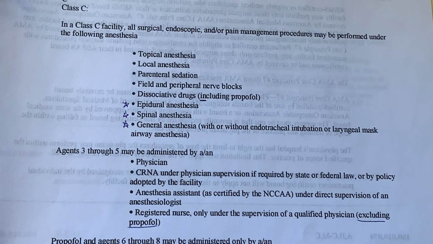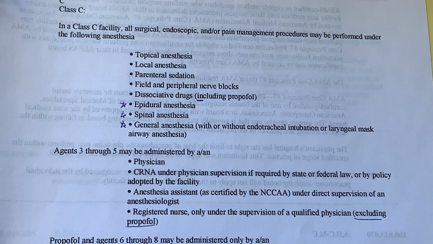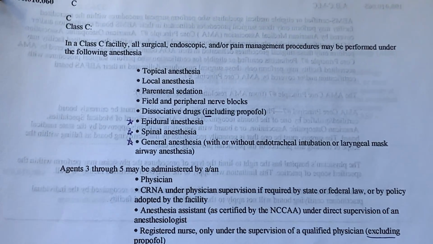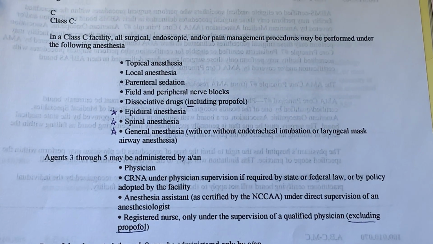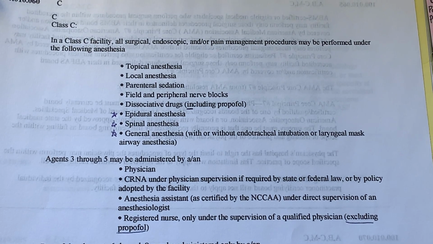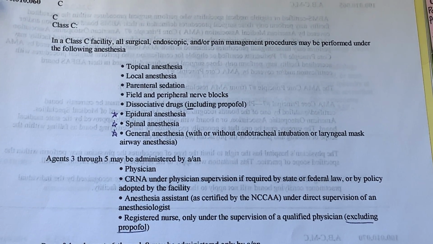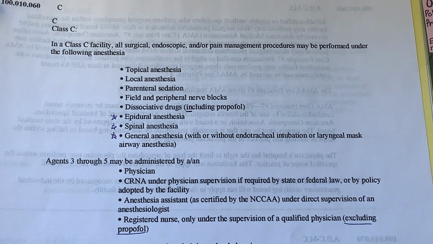The ones that are not starred are traditionally the lower level certifications. So this is Class C. So you can do a procedure under topical anesthesia in your OR, right? You can do a local anesthesia in your OR, right?